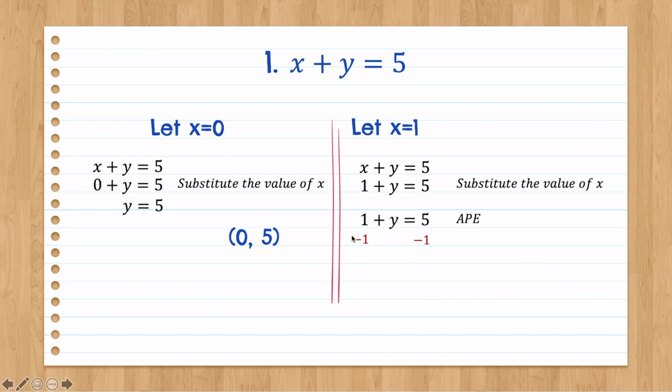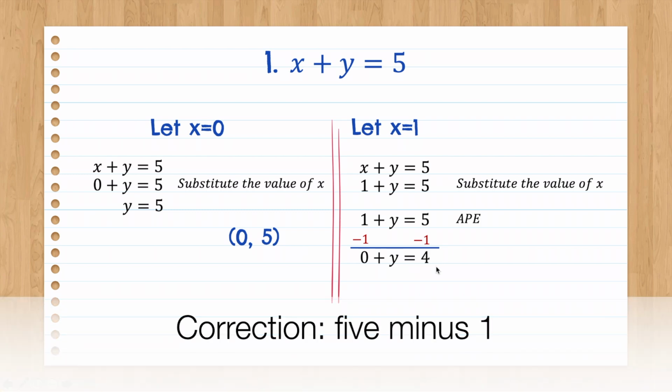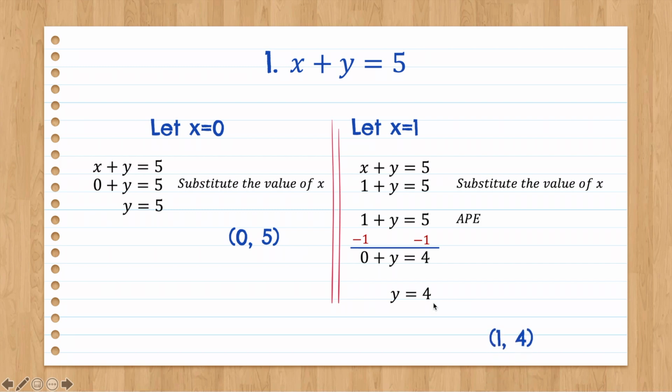So, may negative 1 ka sa left side of the equation, meaning, you will also add negative 1 sa right side of the equation. So, after solving it, you have, of course, 1 minus 1 is just 0. Then, plus y, kinapi lang, is equal to 4 minus 1. So, ang value ng y natin dito ay 4. So, meaning, yung second point natin, ang ordered pair niya ay 1, 4.